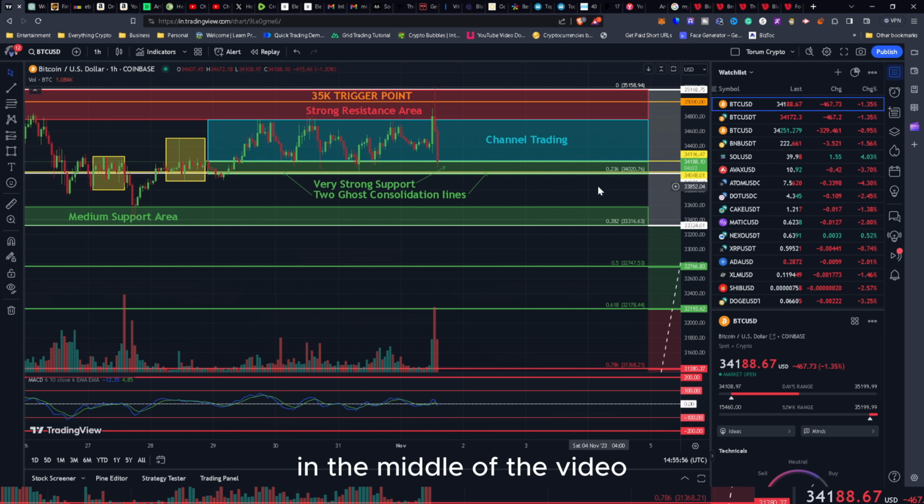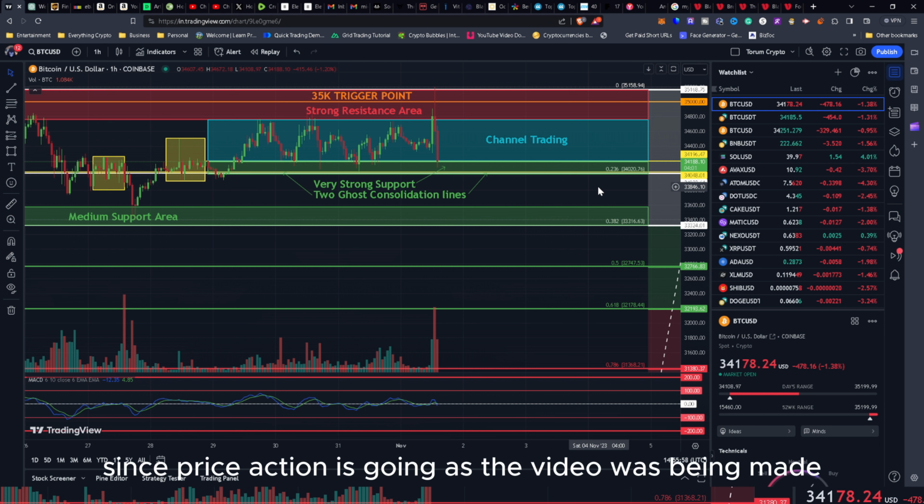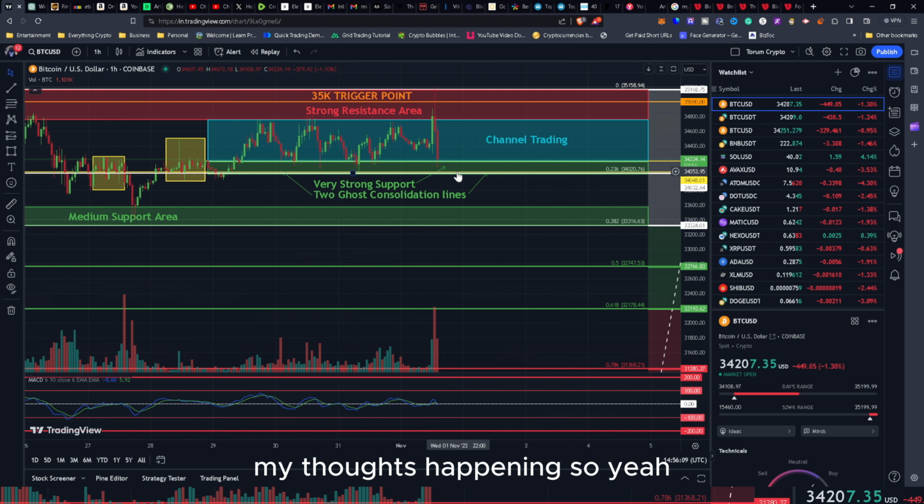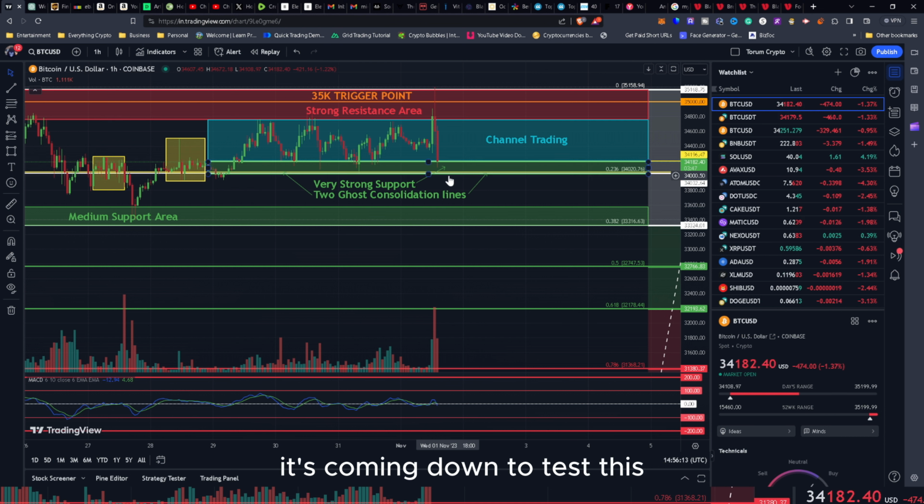In the middle of the video, since price action is going as the video is being made, we can actually see my thoughts happening. So yeah, it's coming down to test this.